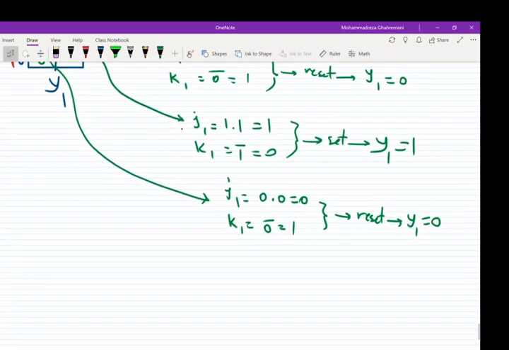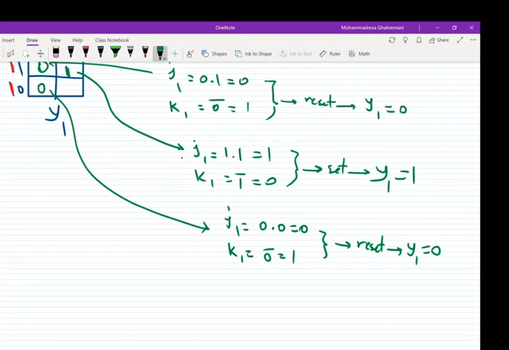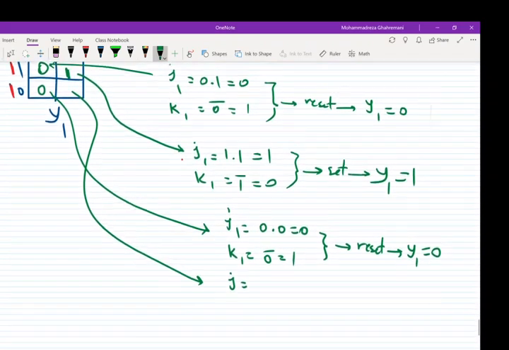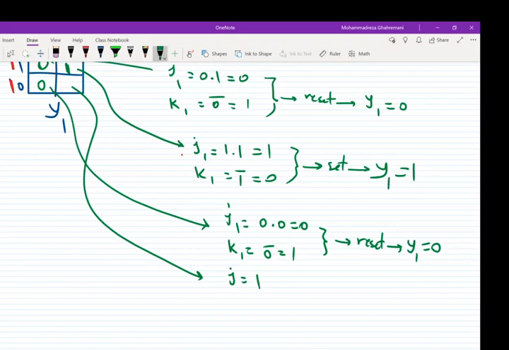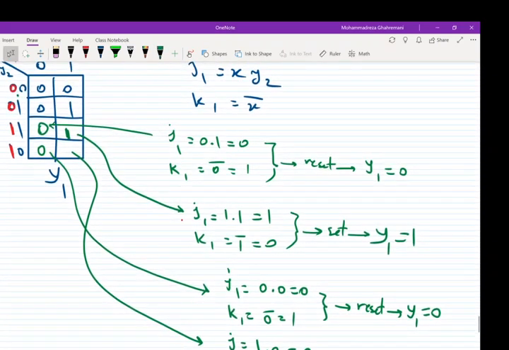And finally, the last cell, j1 is equal to x y2, x is 1, y2 is 0, so it means 0. k1 is equal to 1 bar, which is 0. 0, 0 means no change. What is the previous value of y1?